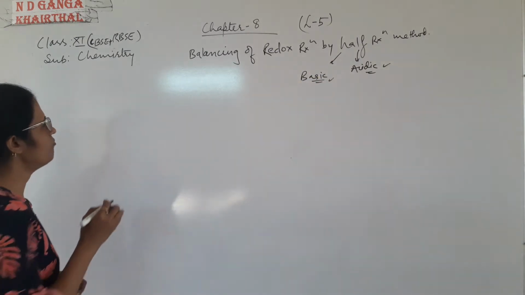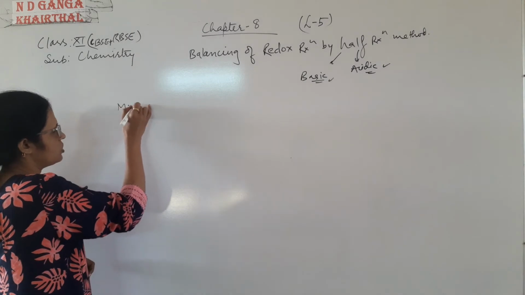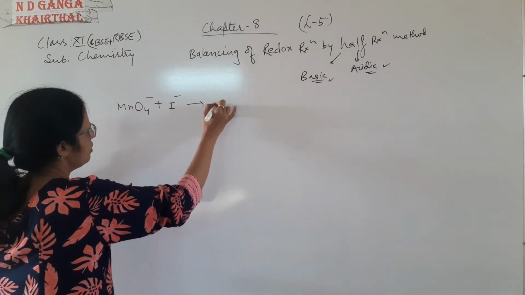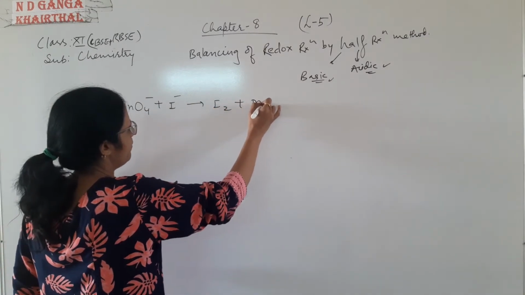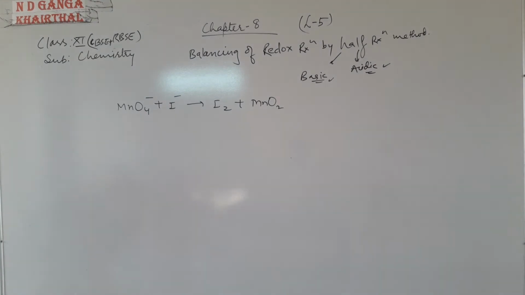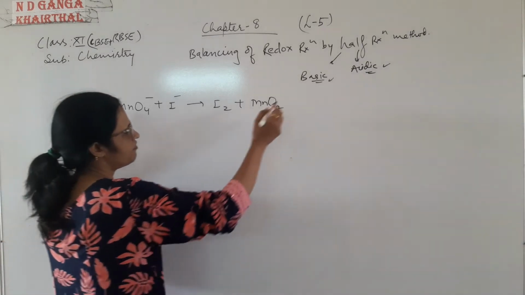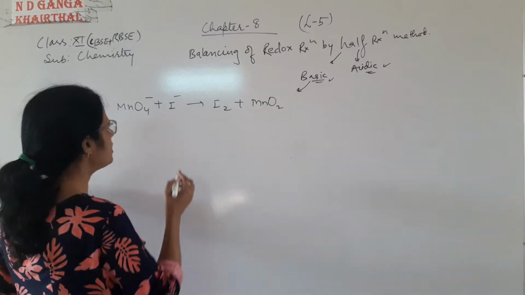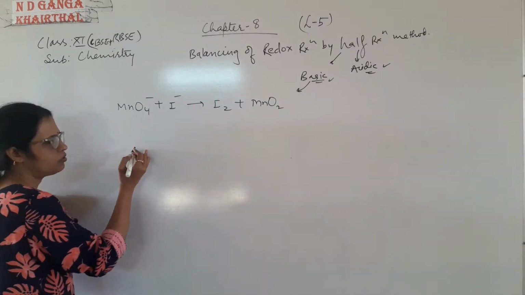For example, we have a reaction like MnO4 negative plus I minus equals I2 plus MnO2. We have to balance this reaction in basic medium by the half reaction method. So first we will separate the two half reactions.